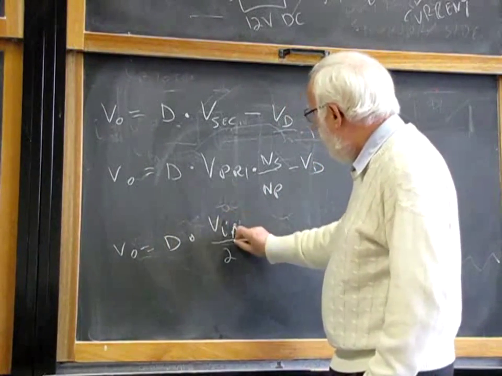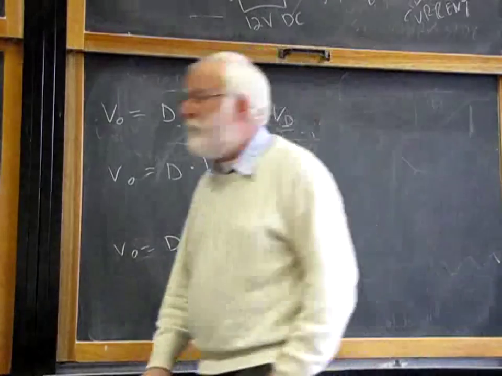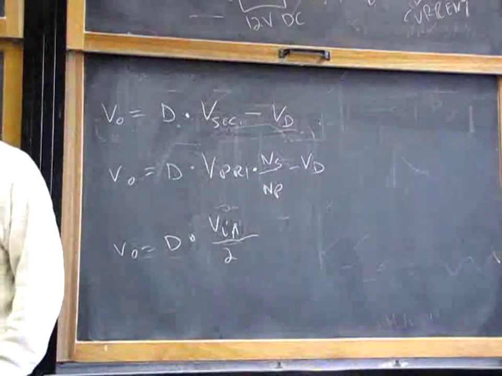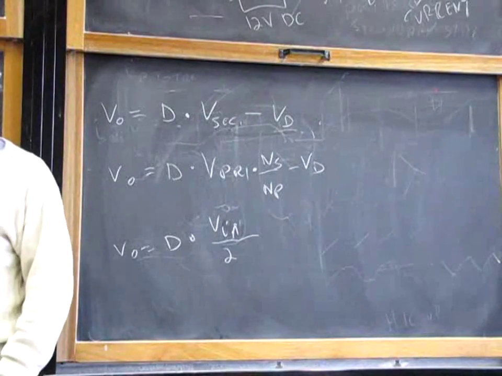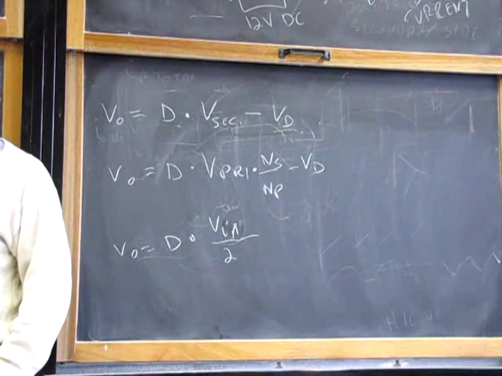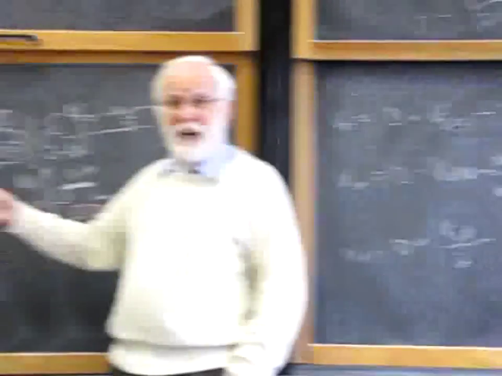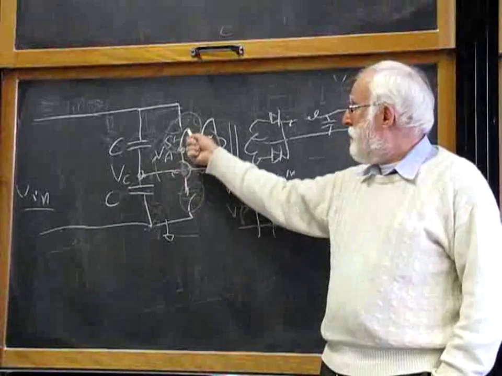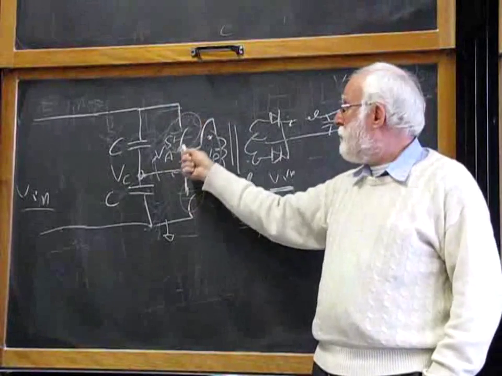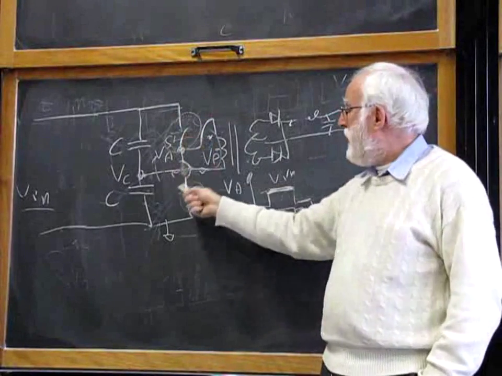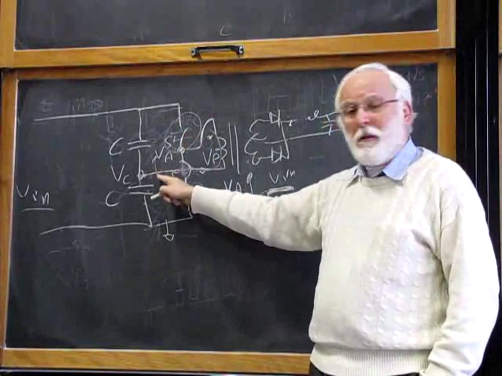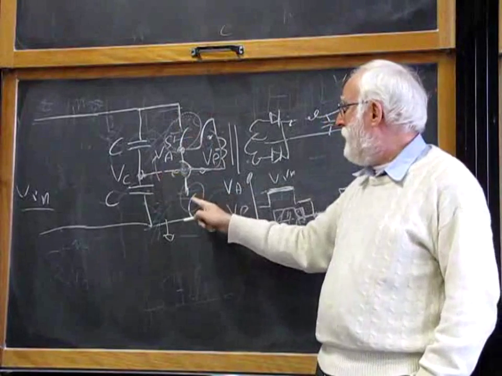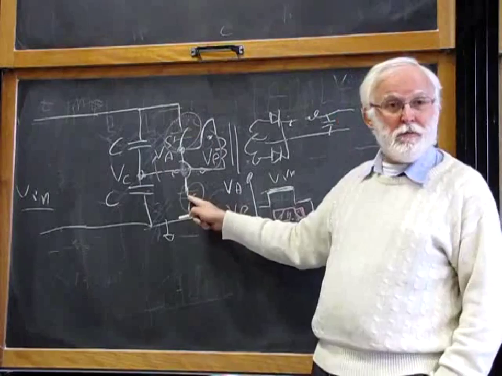V in over 2 minus the voltage drop on this switch or on this switch, because you always have one switch connected to the primary when we close. When we close the switch, you have V over 2 minus this switch. When we open the switch, energy is coming from the capacitors, and we have V over 2 minus the switch again.